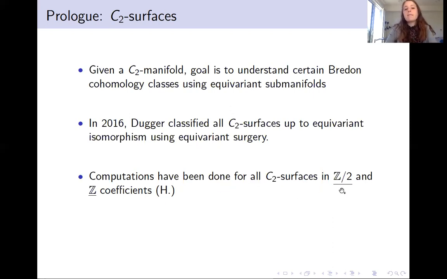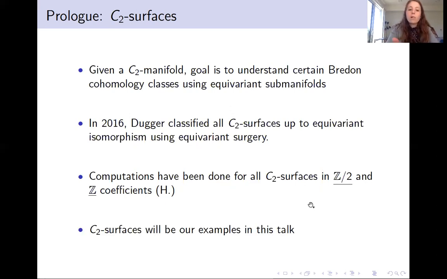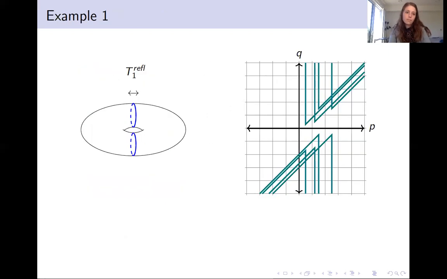And these examples in constant Z2 coefficients are really what motivated this work. So all of our examples here will be C2 surfaces, even though these fundamental classes really work for C2 manifolds of any dimension.